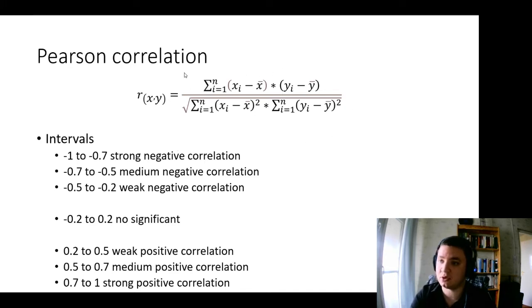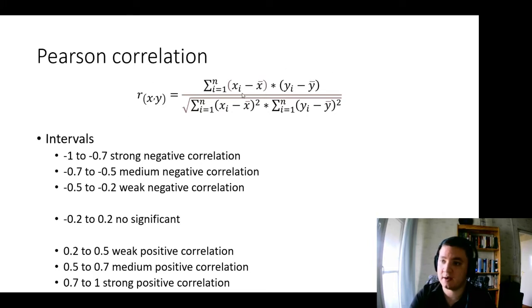And in the numerator we use a multiplication between the differences of a given variable from the average.